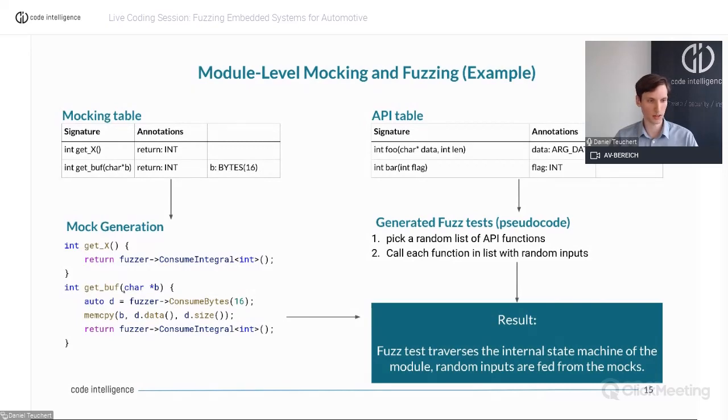And when we generate our mocking function, it will result again in a function that returns an integer using the fuzz data provider. But also we use the fuzz data provider to write 16 bytes. So first we take 16 bytes from our fuzz data, and we write these bytes at the location where B points to.